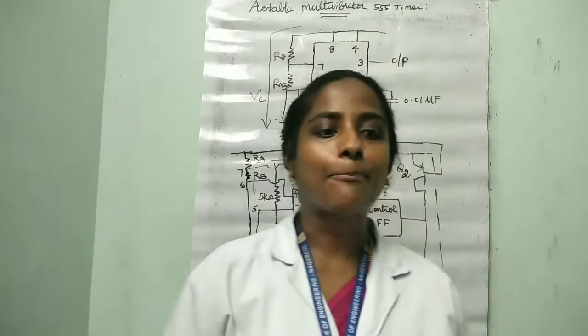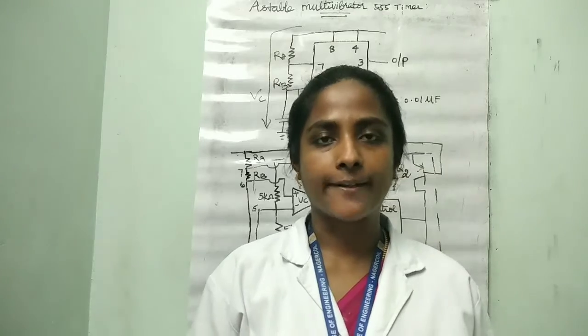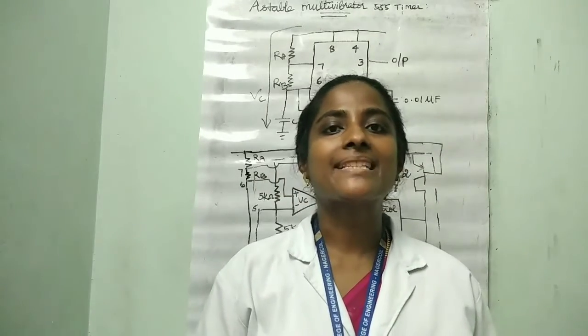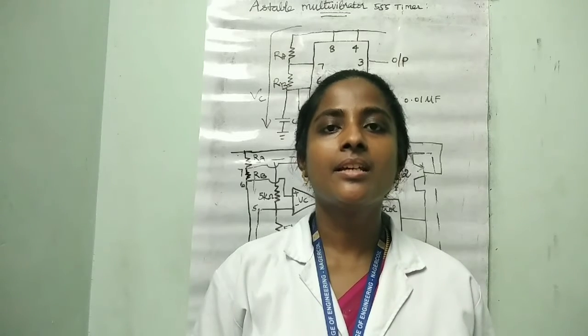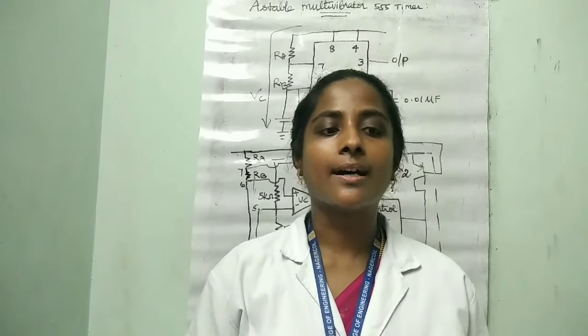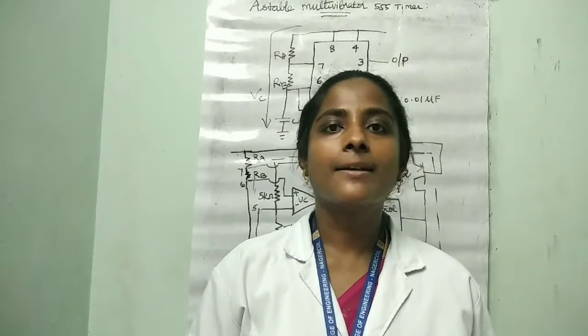Here when the capacitor voltage equals 2/3 VCC, the upper comparator triggers the control flip-flop, so that Q bar is equal to 1, which makes the transistor on and the capacitor starts to discharge towards the ground through RB and the transistor Q1 with a time constant RB C.